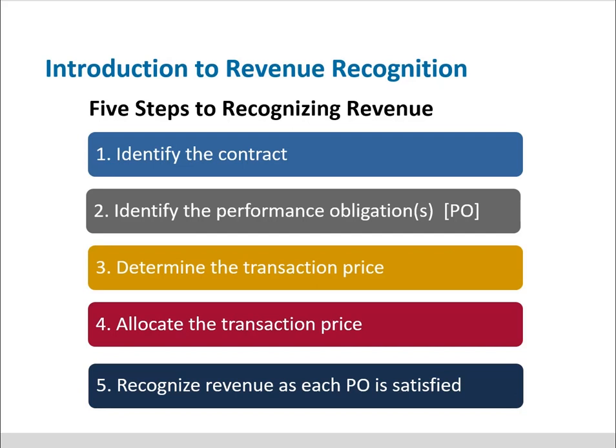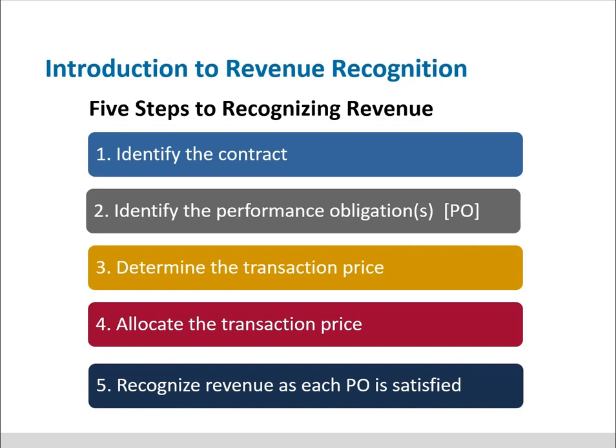The next step is to determine the transaction price, and that's usually fairly easy to determine from the contract. When there's multiple performance obligations involved in a contract, step 4 says that a company needs to allocate the overall transaction price in that contract between the performance obligations.